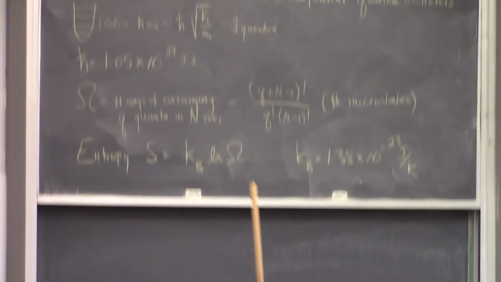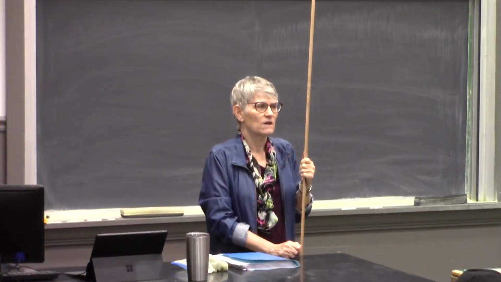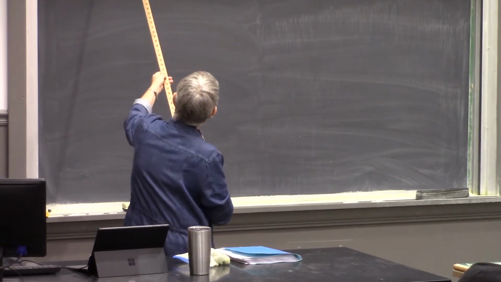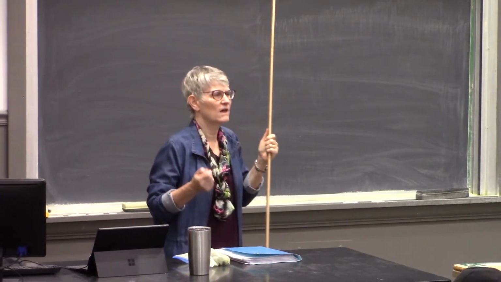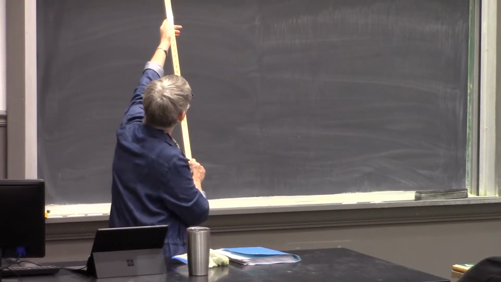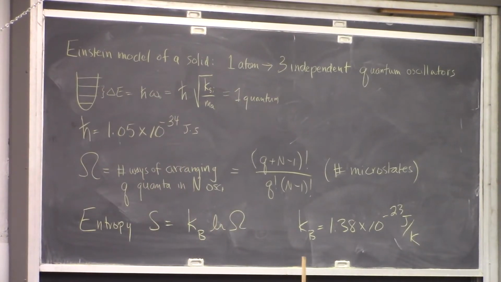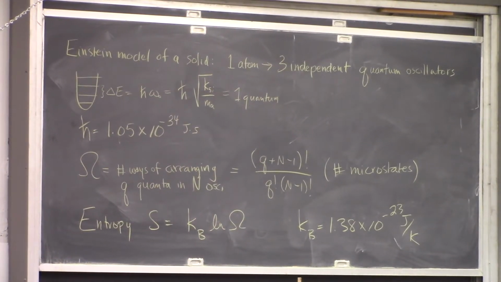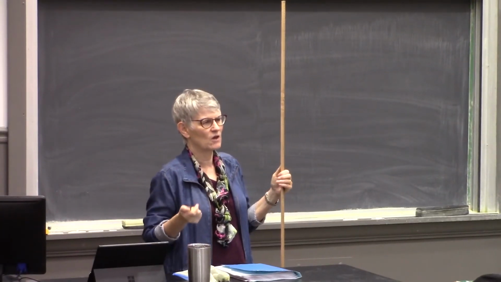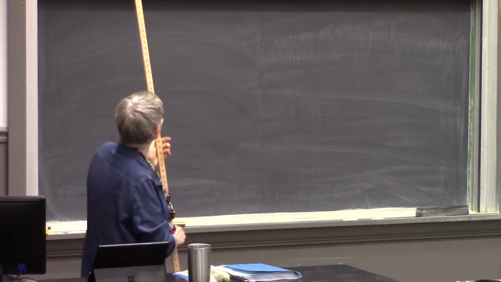We also saw that we could figure out the number of ways if we had a certain number of atoms. So in the Einstein model of a solid, we are modeling each atom as if it were three independent balls and springs, one oscillating in X, one in Y, and one in Z, that aren't coupled to each other, which is a simplification, but it actually works fairly well.